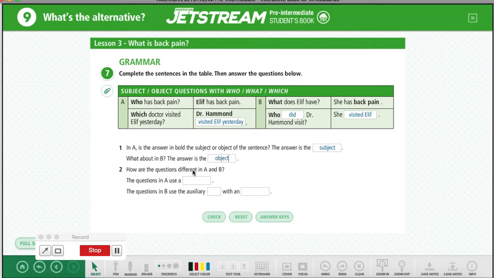Then, how are the questions different in A and B? This is the key. The questions in A use a main verb, because we have who has, which doctor visited.